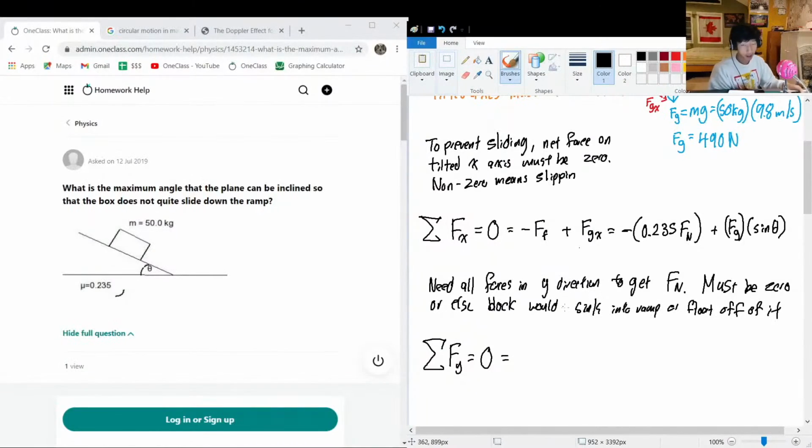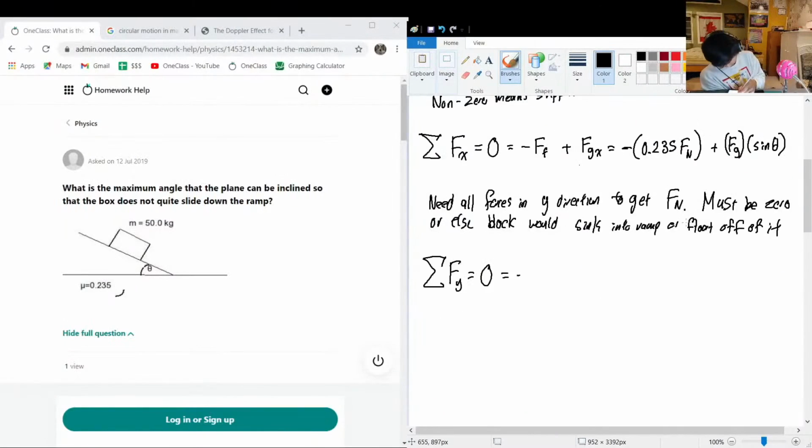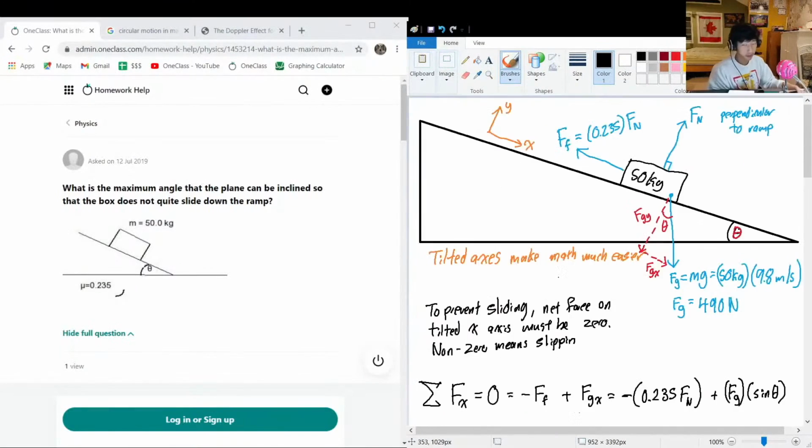So let's look at our diagram for our y component forces. Positive is like flying off the ramp, so we only have N, the normal force, in the positive direction. So there we have positive Fn, and we have a negative force in the y direction, and it's Fgy. You can see here it's going to be cos times Fg.